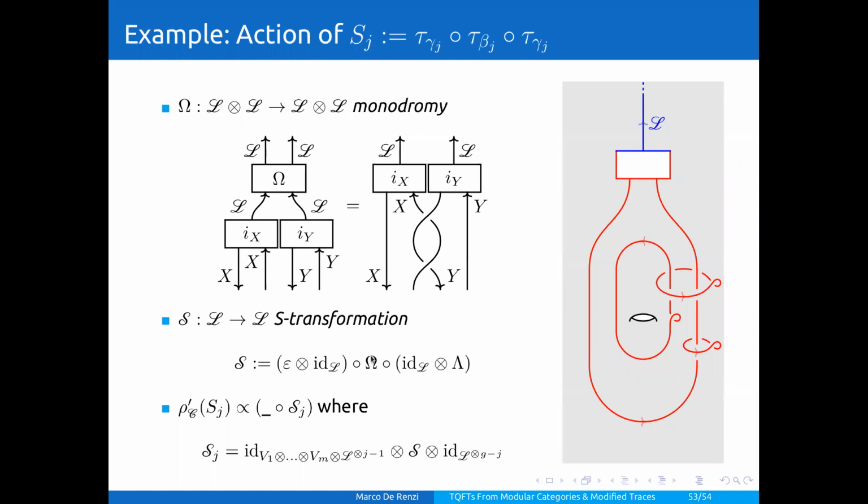This is obtained from omega by composing on the right using the integral, and on the left using the counit. Then I claim that the image of this generator of the mapping class group under our representation, or maybe the lift to the general linear group, is proportional to pre-composition with this S transformation on the jth copy of the coend.